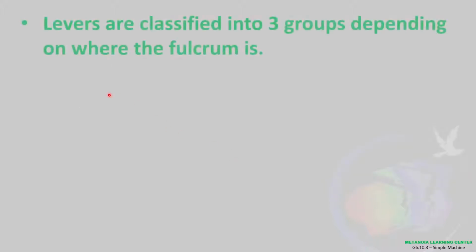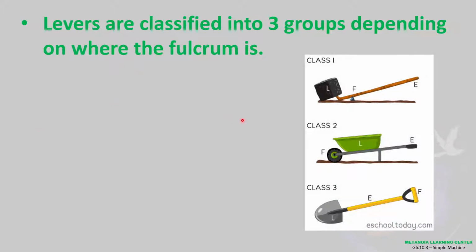Okay. Levers are classified into 3 groups depending on where the fulcrum is. Okay, so if you notice, sa class 1, we have class 1, class 2, and class 3. Iba-ibang position ng fulcrum. This is yung pinaka-common na nakikita natin examples of levers. So, yung example kanina is quite similar to class 1, which falls under class 1.